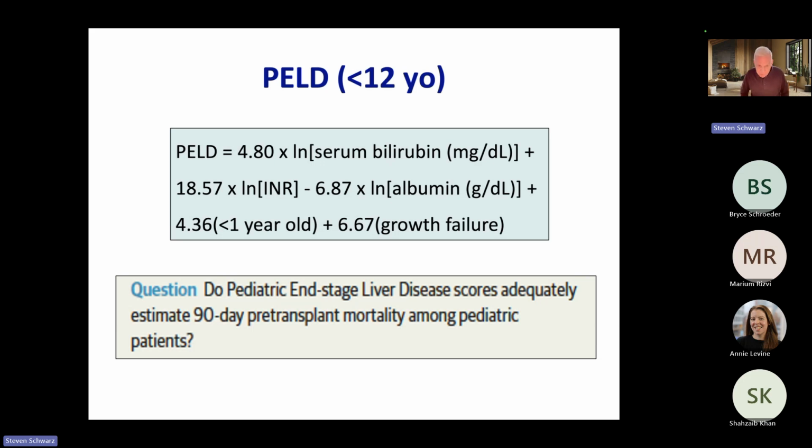And the question always arises, do pediatric end-stage liver disease, or PELD, scores adequately estimate mortality among pediatric patients? Can you predict on the basis of the PELD score who is likely to die within a 90-day period before transplantation?